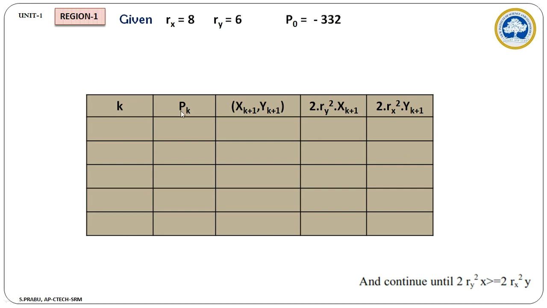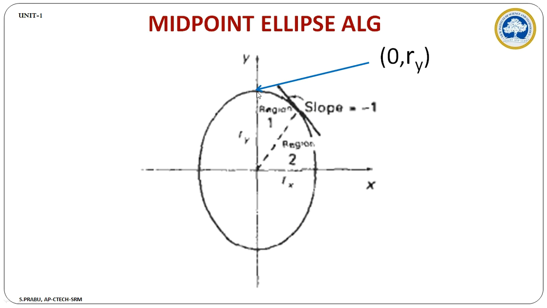So I create a tabular column like this. I repeat this calculation until 2ry square into xk plus 1 is greater than or equal to 2rx square into yk plus 1. And I need the starting point. In an ellipse, we start from this point only, that is 0, ry.